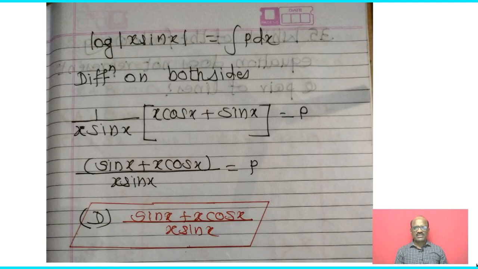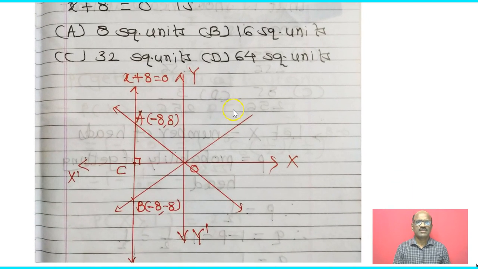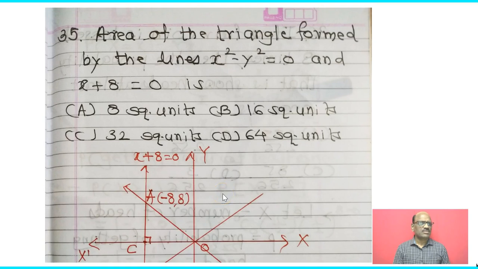Now next question. The area of the triangle formed by the lines x² minus y² equals 0 and the line x plus 8 equals 0 is. Now see this, this is the equation of the lines, x² minus y² equals 0.